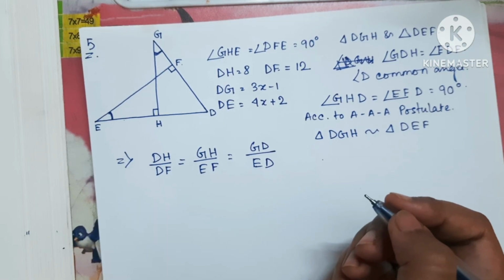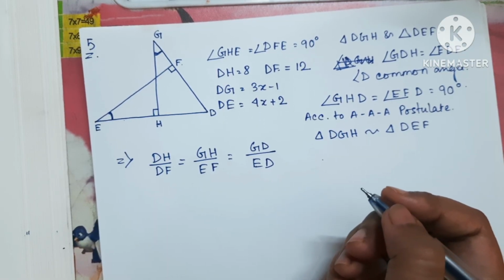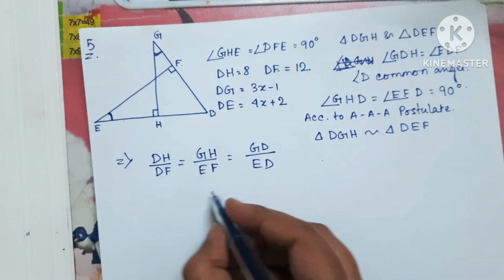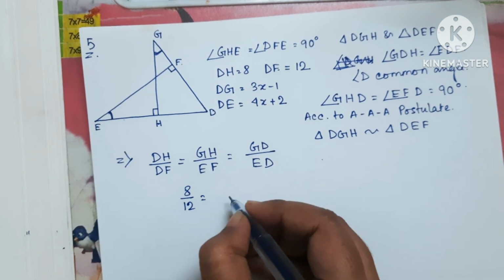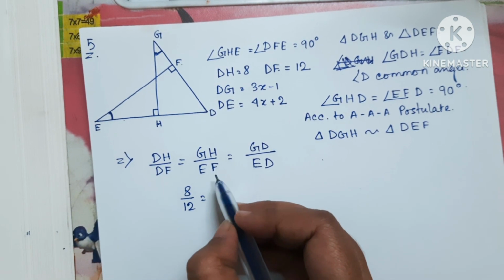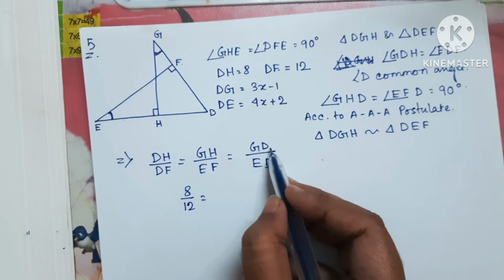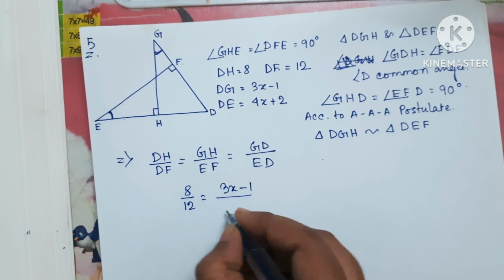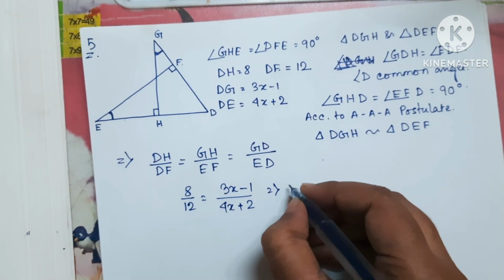Now if you put the values, DH means 8, DF means 12, so 8 by 12 is equal to 3x minus 1 by 4x plus 2.